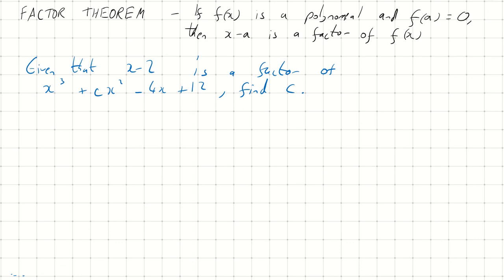Well, given that x minus 2 is a factor, that means that if we call this thing f(x), then f(2) must be equal to 0.